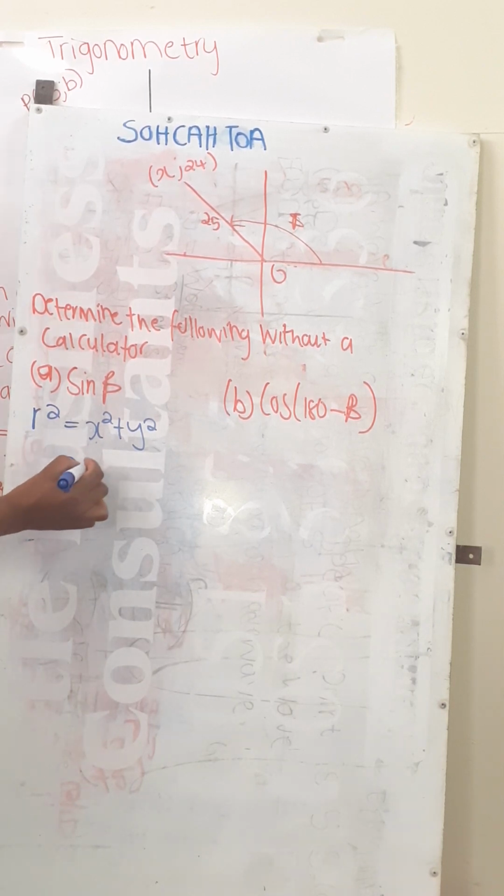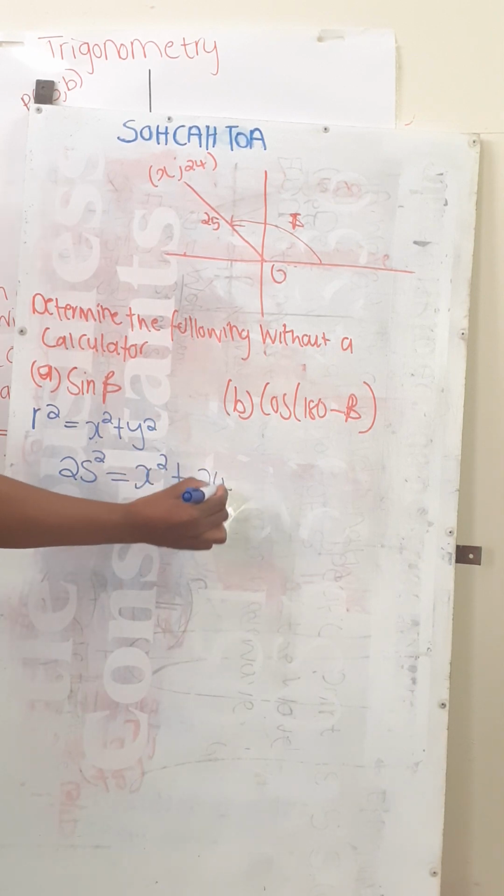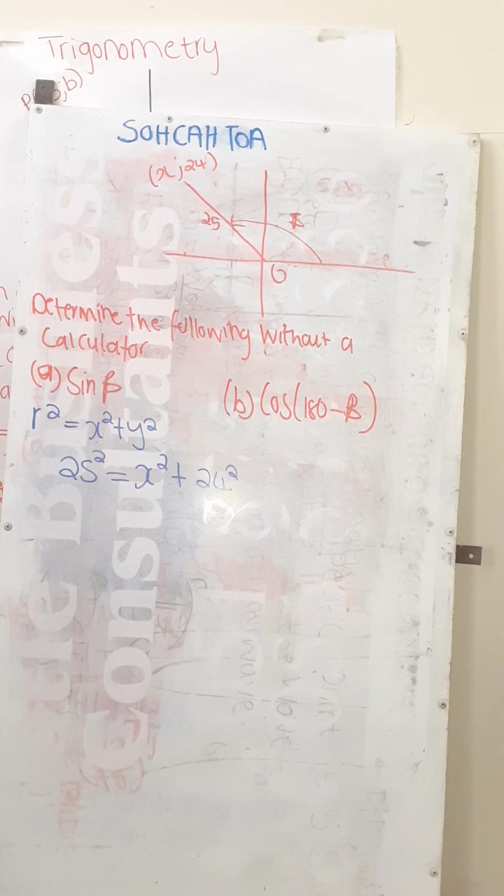That is 25 squared equals x squared plus 24 squared.